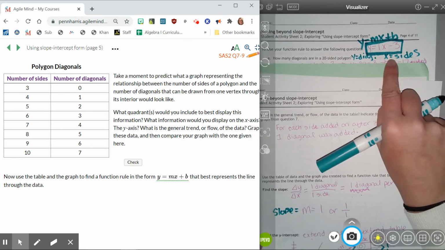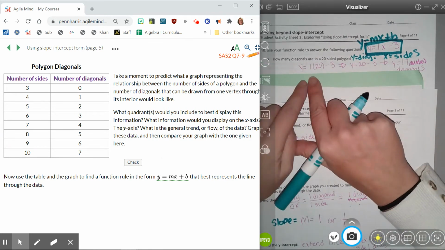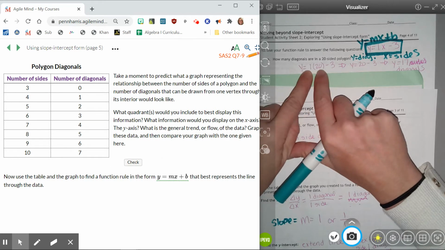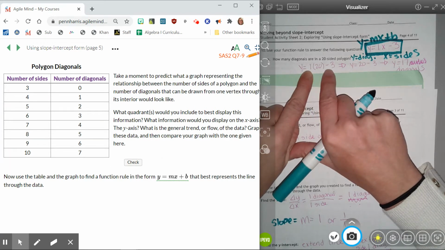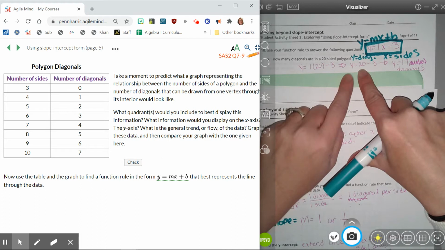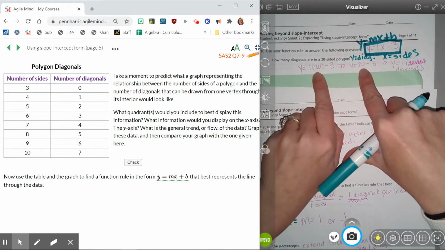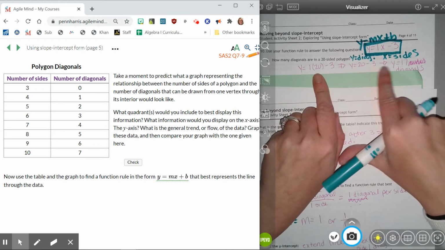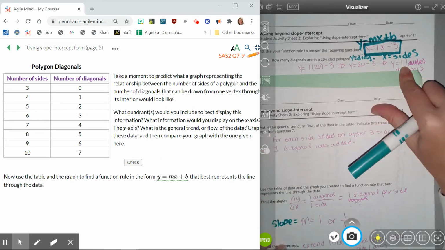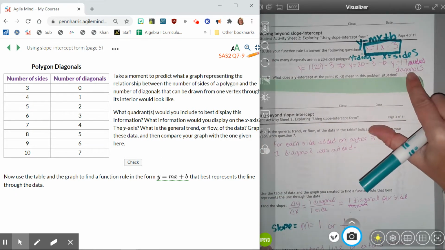So the rule, 1 times x, so 1 times 20 minus 3. Simplify that: 1 times 20 is 20, minus 3. So 20 minus 3 equals 17. So it would be 17 diagonals in a 20-sided polygon.